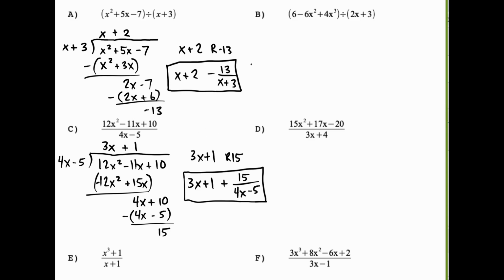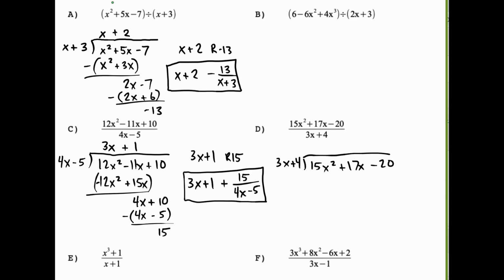Alright, so gonna start with 15x squared plus 17x minus 20, we'll divide by 3x plus 4.